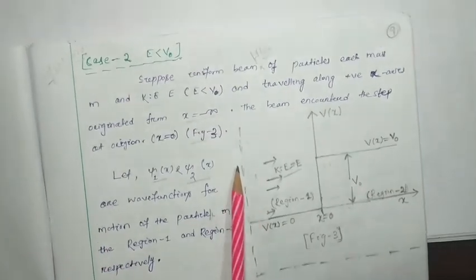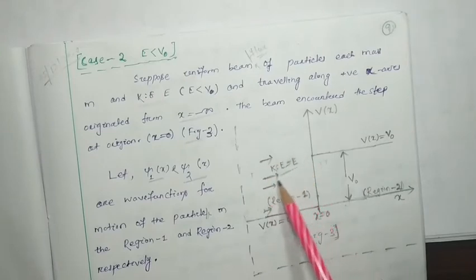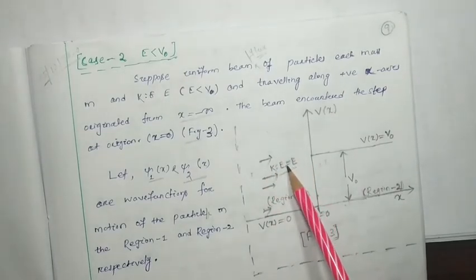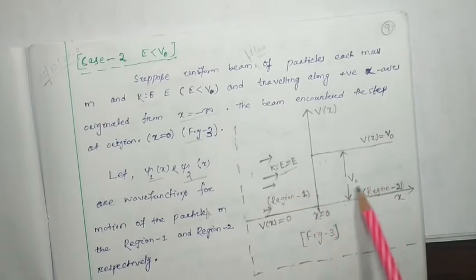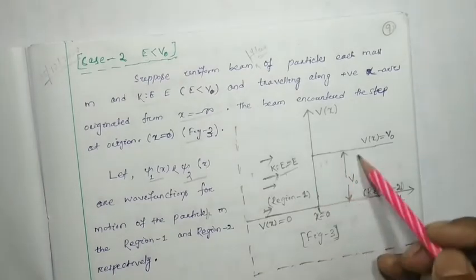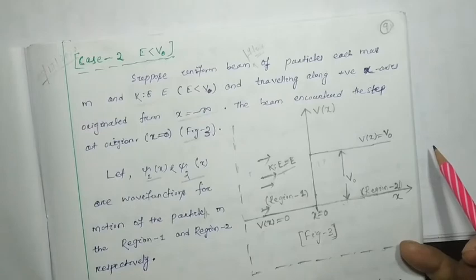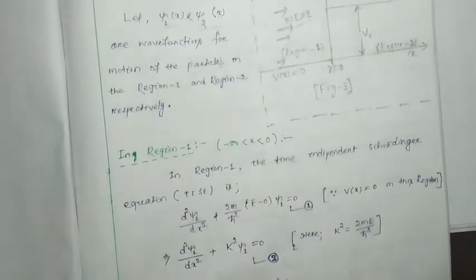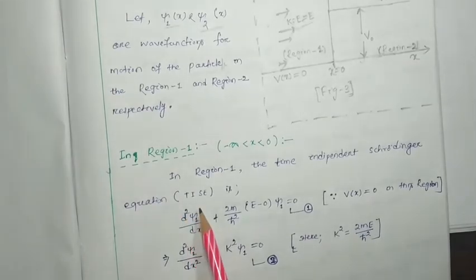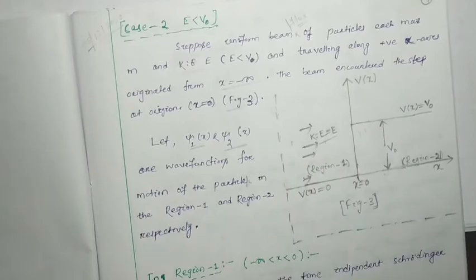In this section we are discussing E less than V0, meaning whatever kinetic energy the particle has is not enough, being less than the potential situated at x equal to 0 onwards up to infinity.